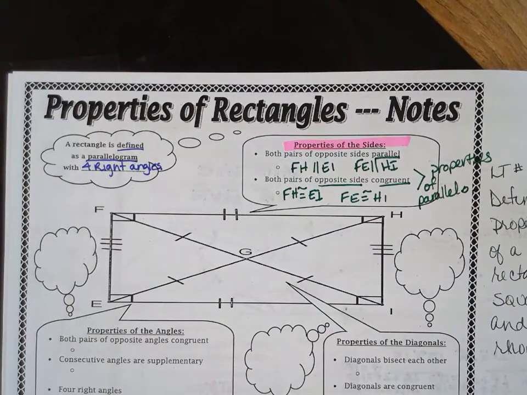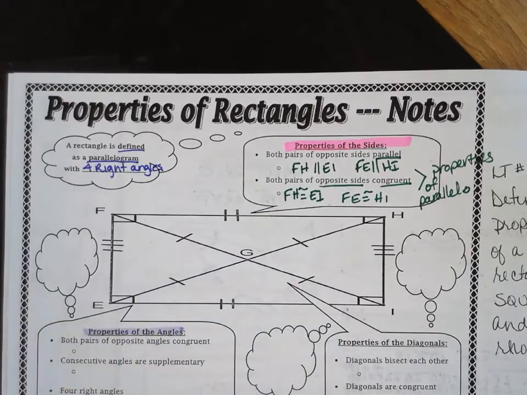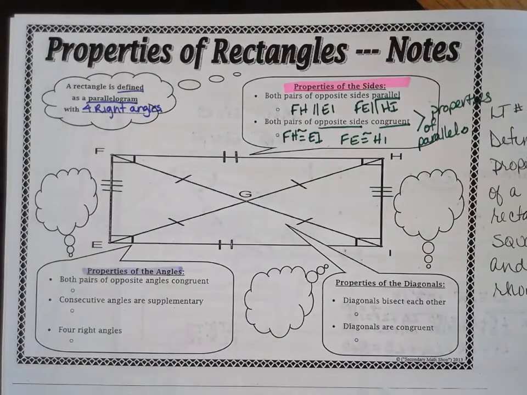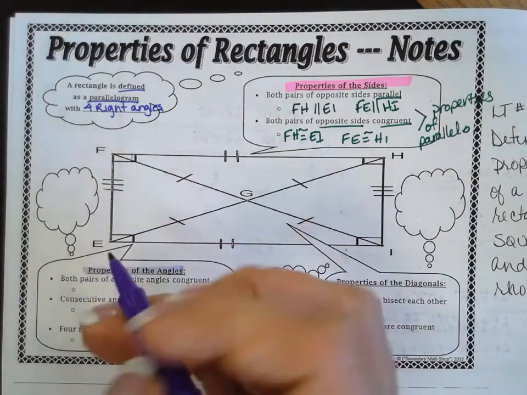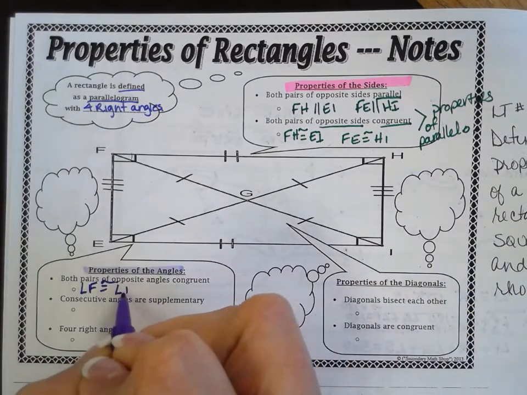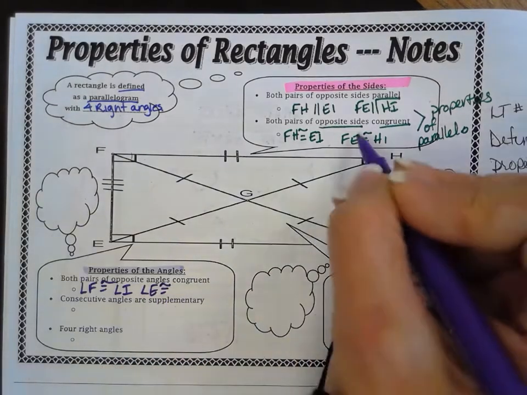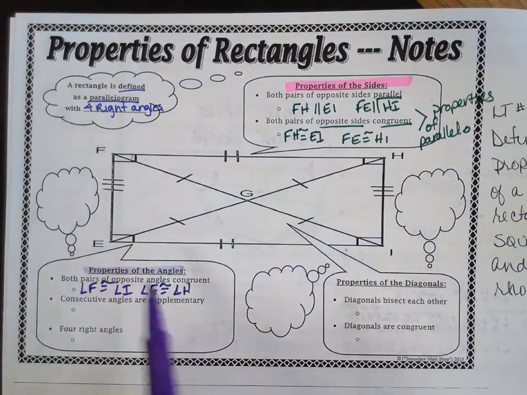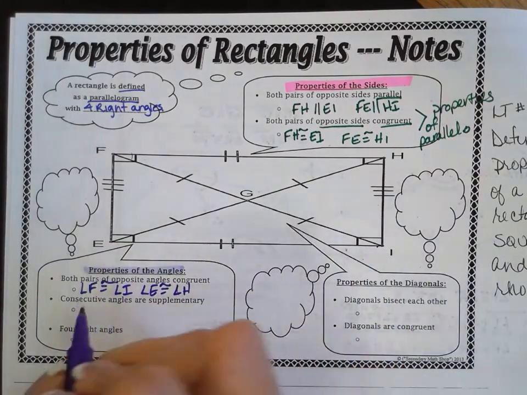Okay? Now, let's talk about the properties of the angles. Both pairs of opposite angles are congruent, just like our parallelogram. So that would make angle F congruent to angle I. Angle E is going to be congruent to angle H. Your consecutive angles are supplementary, just like our parallelogram.